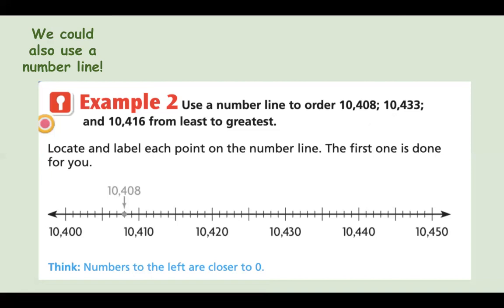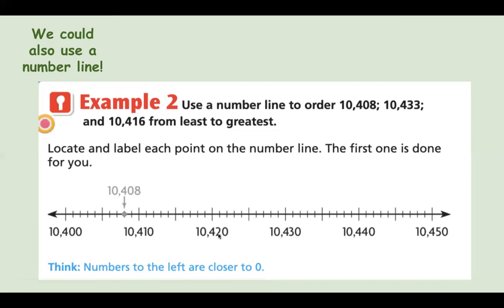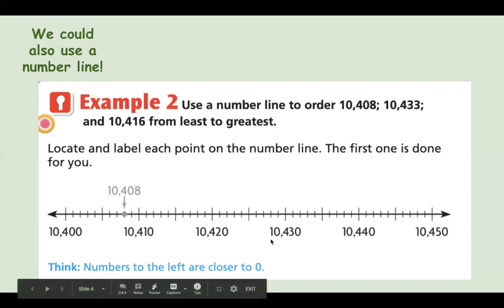Okay, you should have paused the video, and I'm going to help and see if you were right. So 10,433. So I see that they all have the hundreds place as a 4. So I want to look at the tens. This is a 3. So where do you see 3 as the tens? So this one has 2, and there it is right there, 10,430.